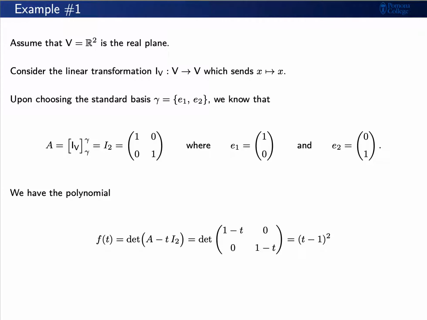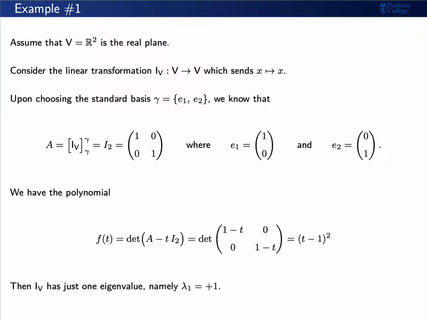In particular, it has characteristic polynomial f of t, which you can see here after some algebra. It's just (t minus 1) squared. This means that our identity map I sub v has just one eigenvalue, namely lambda sub 1 equals 1.